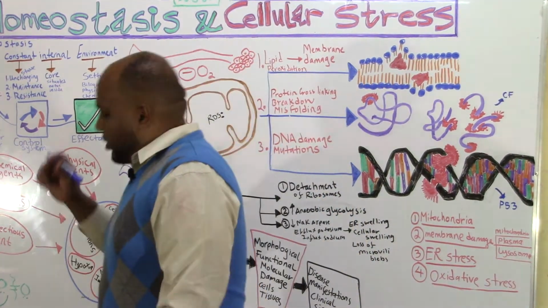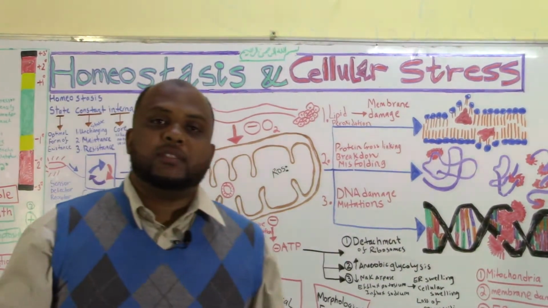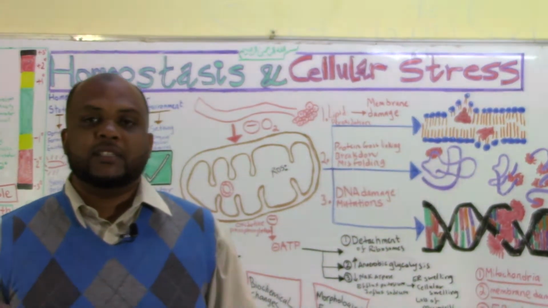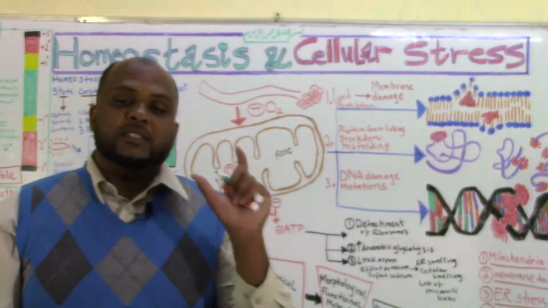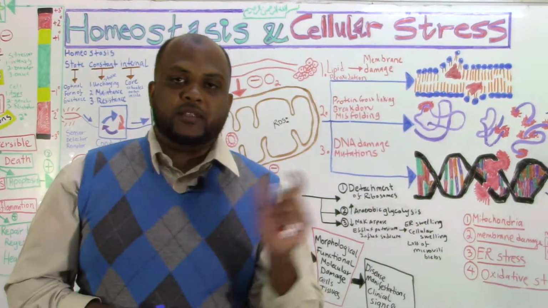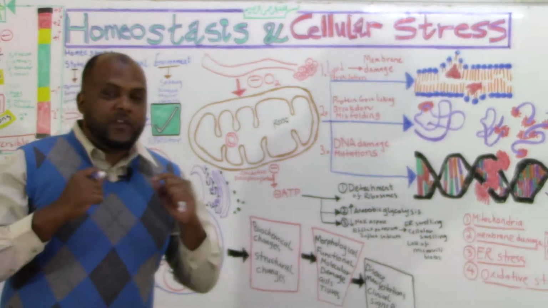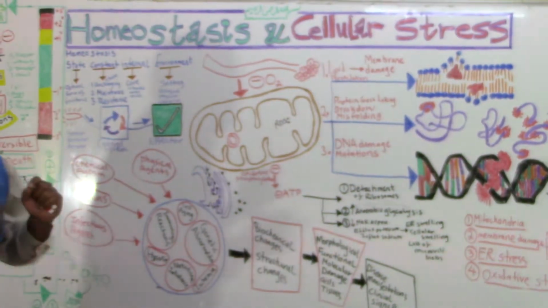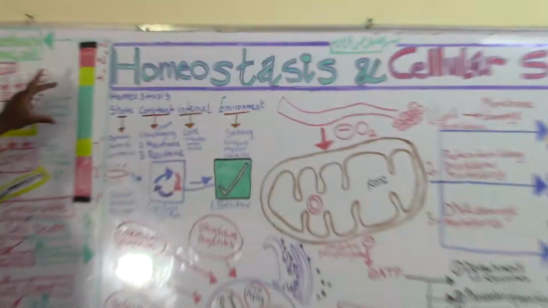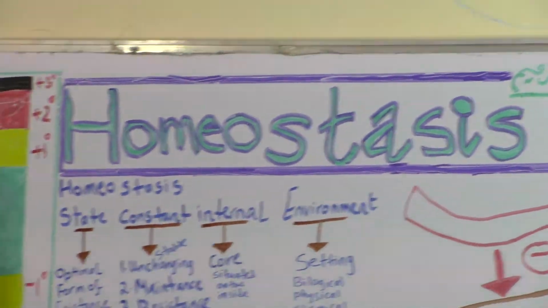So what does homeostasis mean? Homeo means the same. Stasis means stable, which means staying stable by staying the same. And that should be very intuitive for us, because if we look at this colorful diagram over here, we see that there is a range.